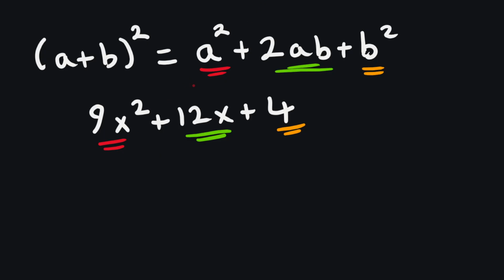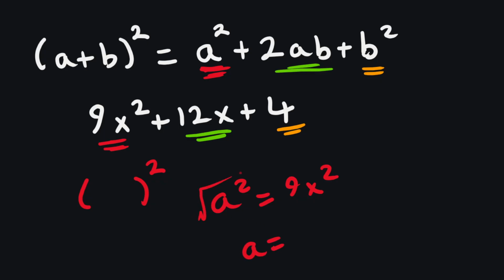So if a squared is 9x squared, what is a? How do we write this? We want to write this as a squared, but what is a? Well, if a squared is 9x squared, then a must be, if you take the square root of both sides, the square root of 9x squared.